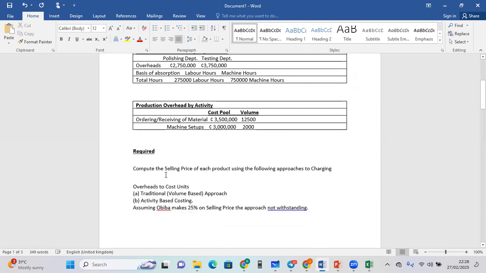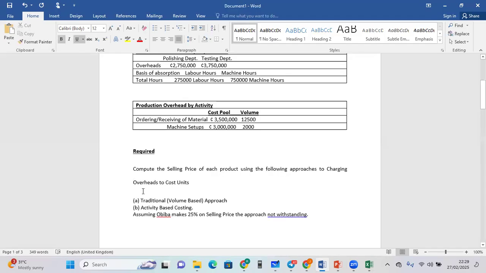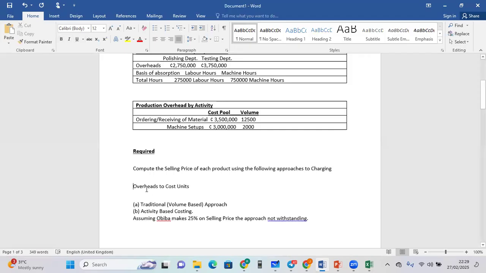So we are required to compute the selling price of each product using the following approaches to charging overhead cost per unit. Right. So we should use the traditional volume-based approach or ABC, activity-based costing.